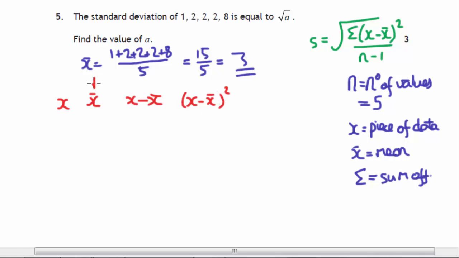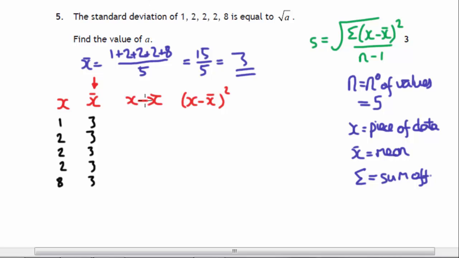Now, when you're writing your table, sometimes you might see it with that omitted. But since this is the first one, we'll just put as much detail in as we can. So, x can be 1, 2, 2, and then 8. Your mean is 3, so the mean's the same for them all.